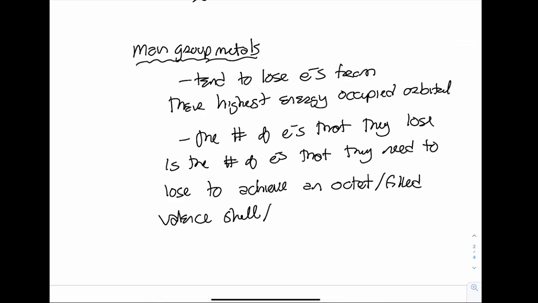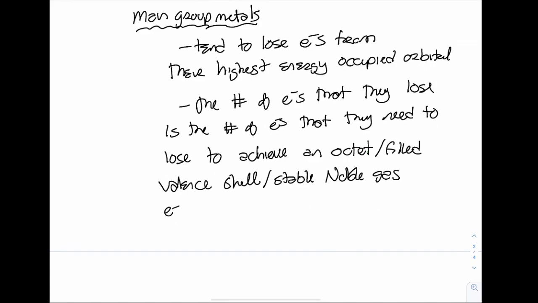And then also we could say a stable noble gas electron configuration. So the number of electrons that they lose is the number of electrons that they need to lose to achieve an octet, a filled valence shell, stable noble gas electron configuration. Essentially, it's all of those things. It's just that not all filled valence shells have an octet, so we can't always use octet. We generally can use stable noble gas electron configuration.